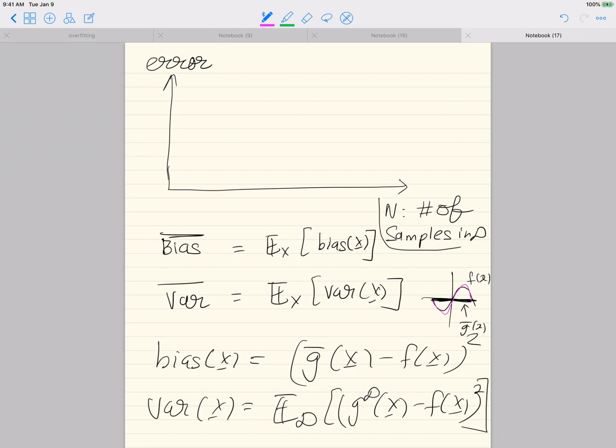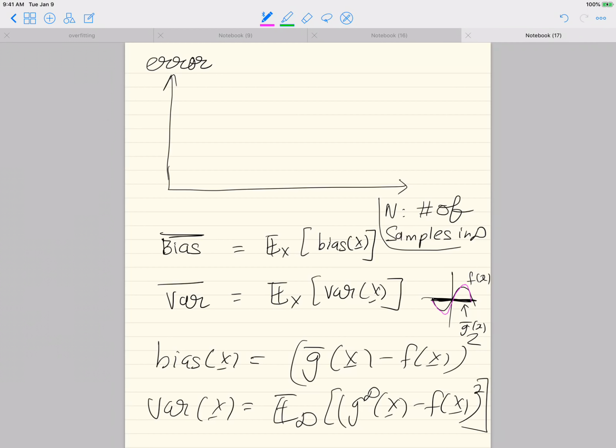Since we assume the hypothesis is the best approximation of the ground truth, the sample points shouldn't affect it. Right, because the way bias is defined, we know f of x, we are given the hypothesis class, and we choose the best approximator. The definition of bias does not depend on n or even on D for that matter. It's just a function of the hypothesis class and the ground truth.